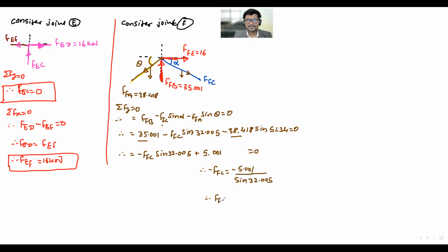Therefore FFC is equals to, there is minus on both sides, right? Yes, sir. 9.435 kilonewtons and it's once again positive, which means the answer is right, the assumed direction is correct.